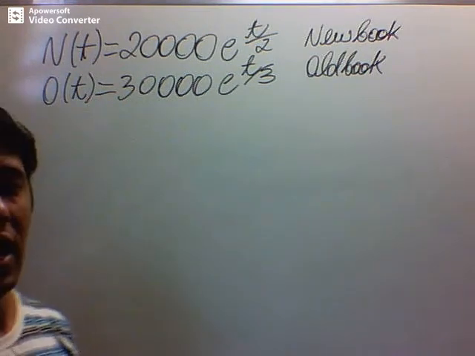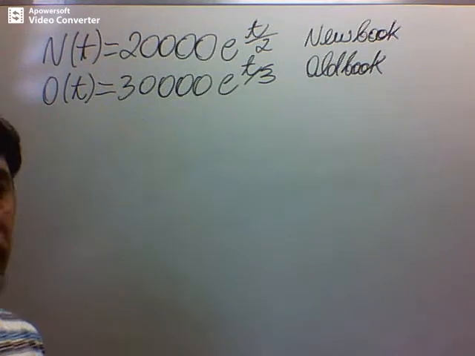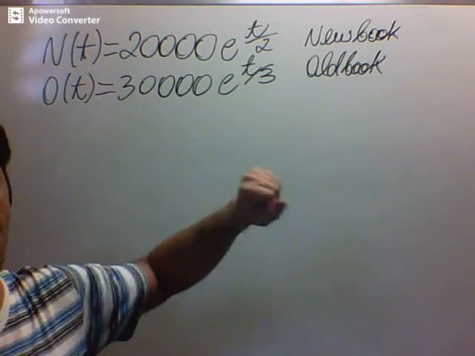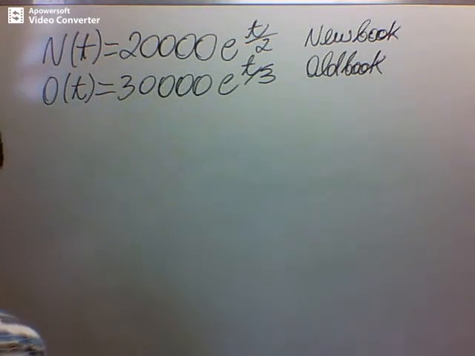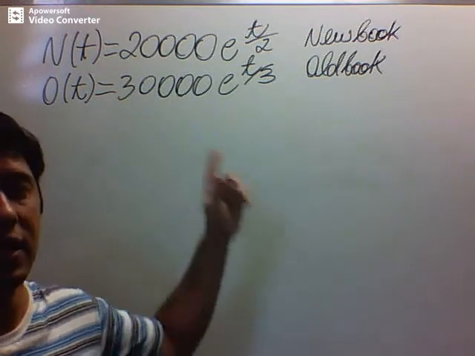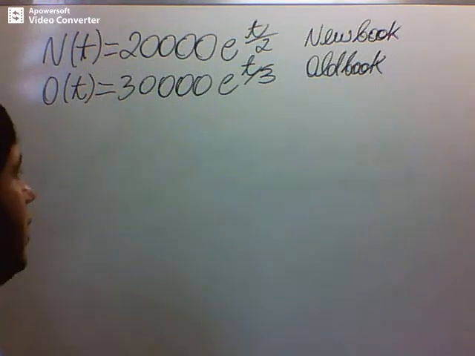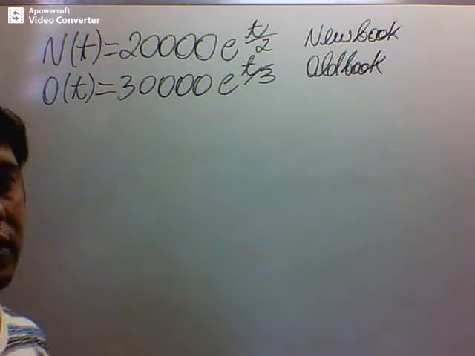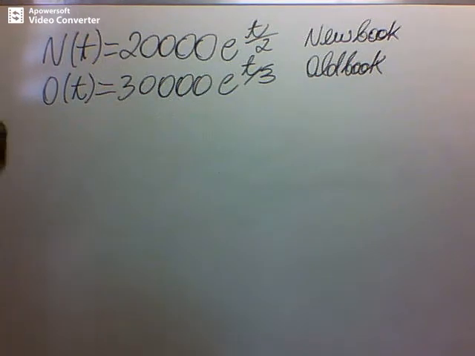To do that, our friend the mathematician came up with two expressions that will allow us to predict the number of users these two social media platforms are going to have.